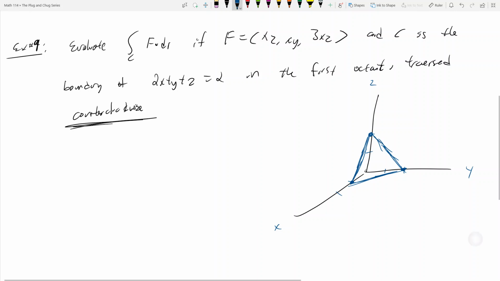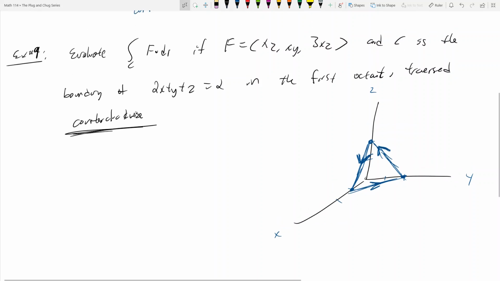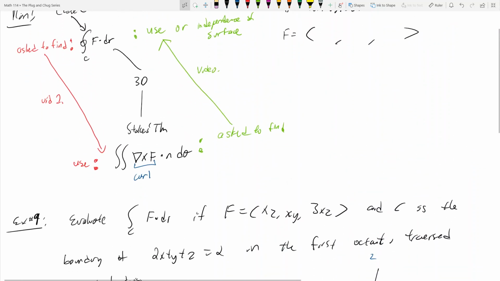Well, we're going counterclockwise, so we're going this way. Okay. So if we're asked to find the integral of F dot dr, then we want to use Stokes' theorem, which is the double integral over the region of curl F dot n d sigma.